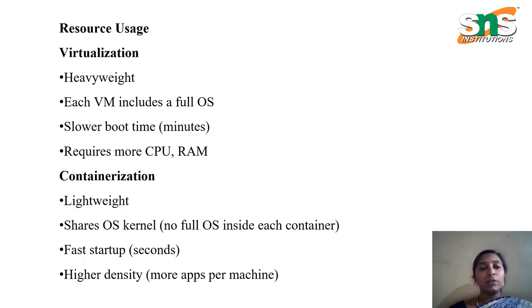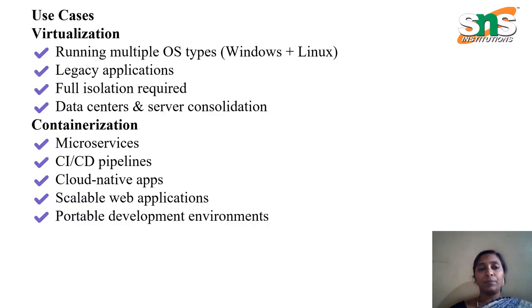Resource usage. Virtualization is heavyweight. Each VM includes a full OS, has a slow boot time, and requires more CPU and RAM. Containerization's resources are lightweight, sharing the OS kernel, with fast startup and higher density.